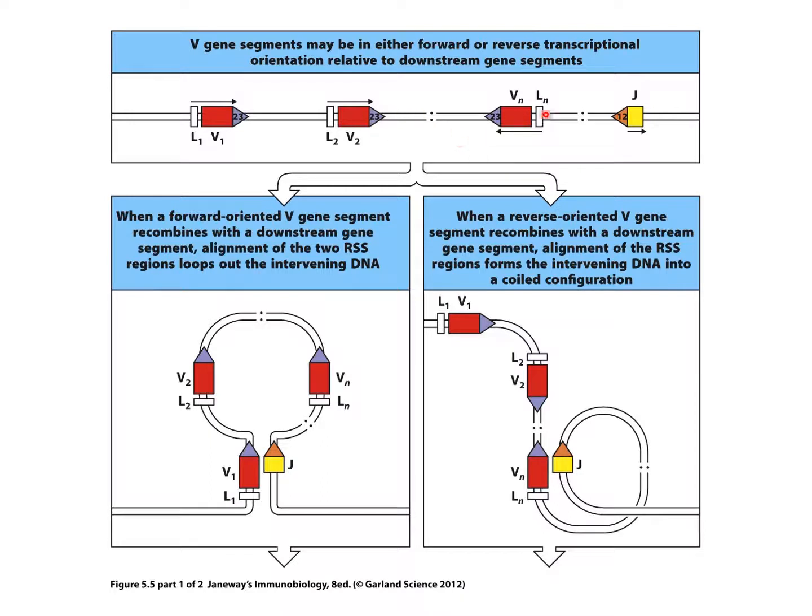Notice up here they're showing that they are in forward and reverse orientations. It is random which way they're going to go. So depending upon the orientation, this direct loop out or this curlicue.